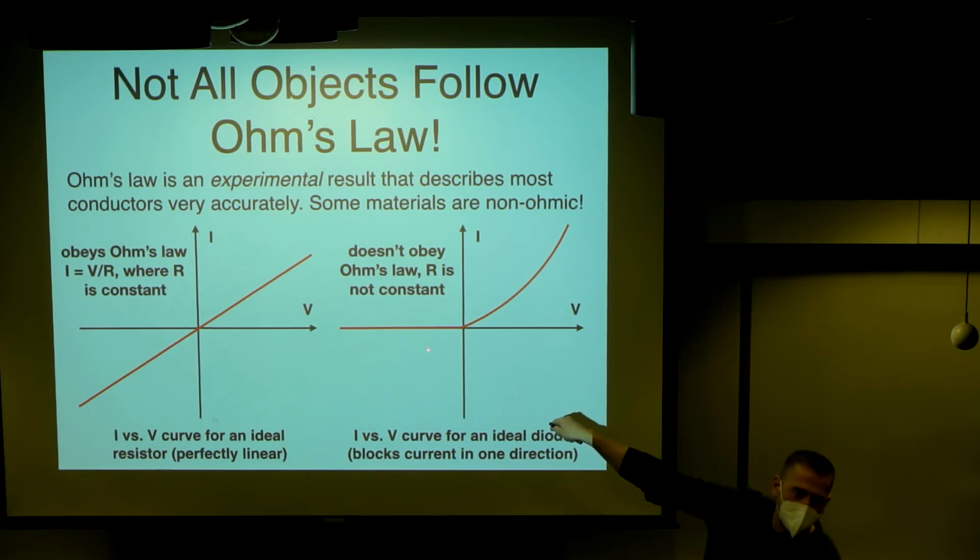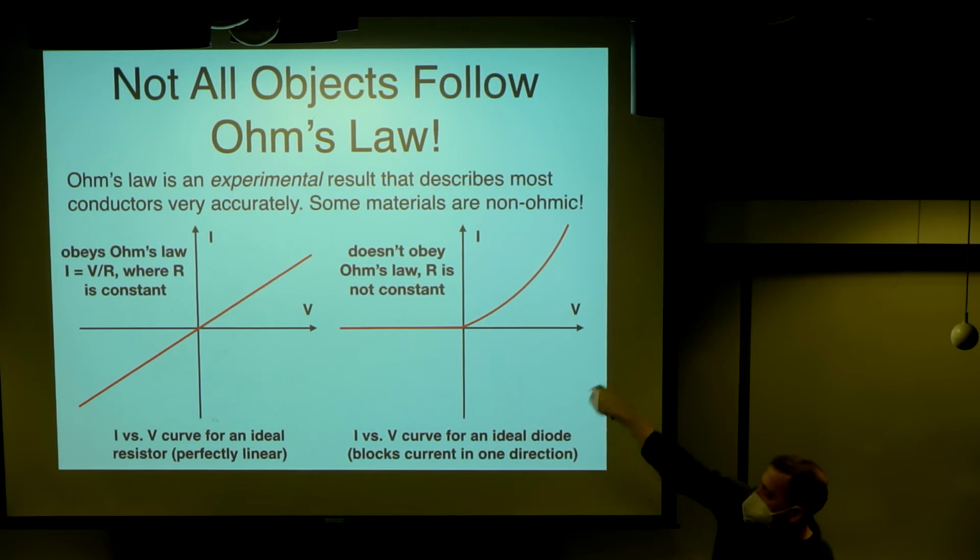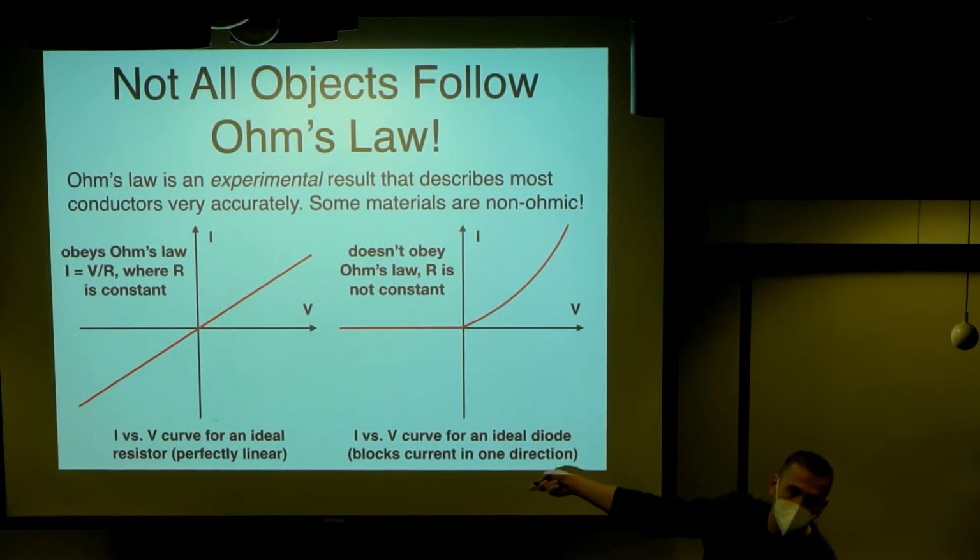You might get a small amount out, but a very, very tiny amount compared to applying positive voltages. So essentially, it allows current to flow this way, but it blocks current going the other way. And this definitely does not follow Ohm's law because it's not a simple straight line relationship between these variables, okay?